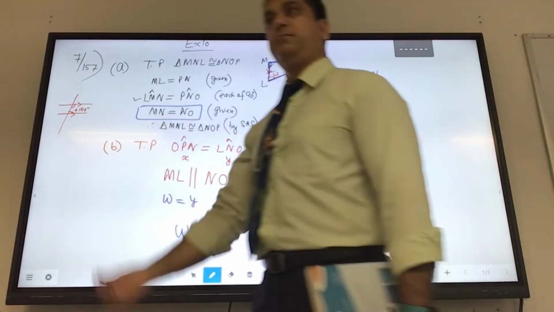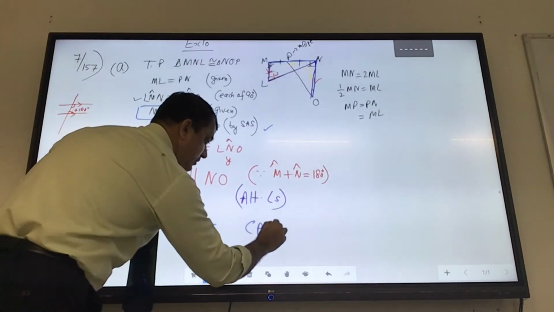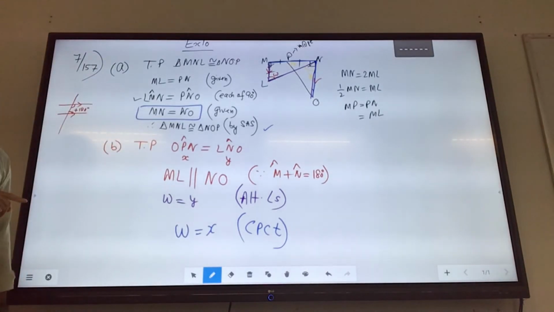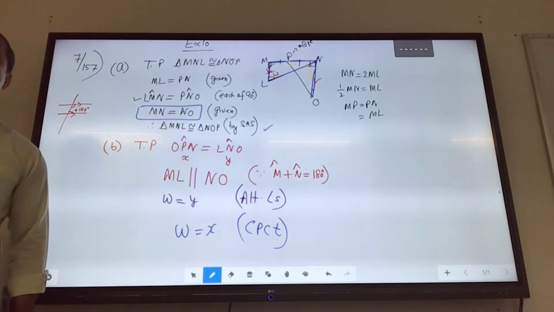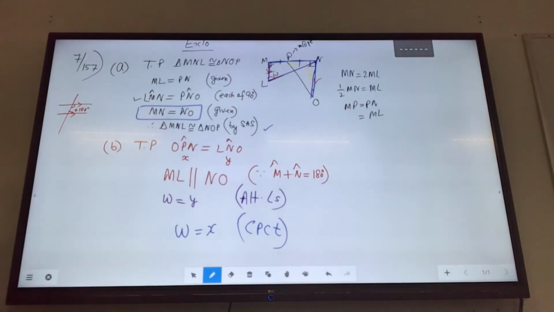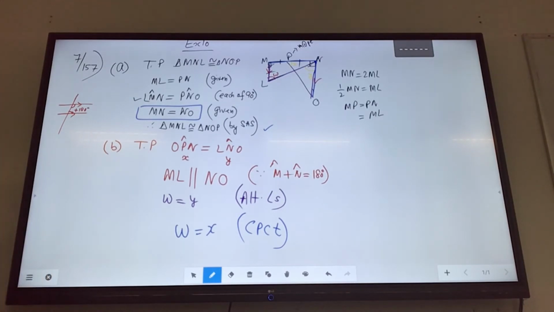What is the reason for that? We write this word CPCT. CPCT means corresponding parts of congruent triangles. If two triangles are congruent, their corresponding parts will be equal. Means angles will be equal, sides will be equal, but corresponding. How to see which sides or which angles are corresponding?